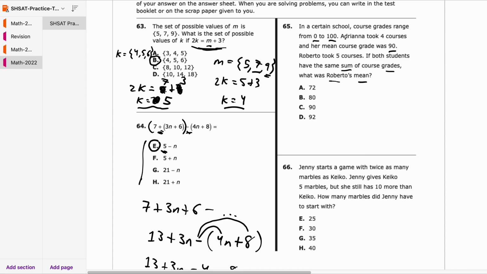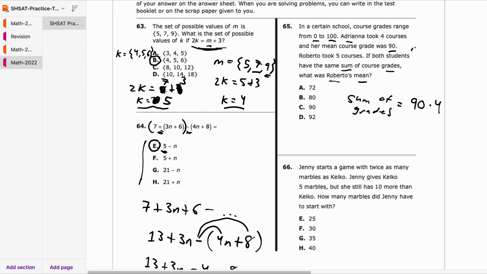Okay, so let's first find the sum of basically both students' grades. If Adriana's mean course grade was 90, then we know that the sum of the grades must have been 90 times 4, right?